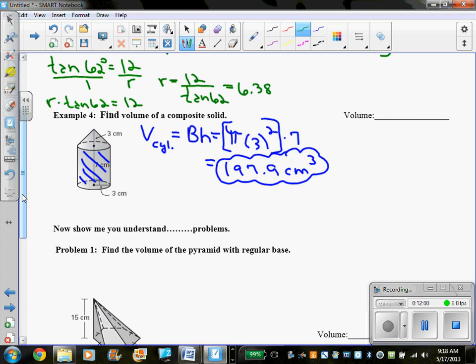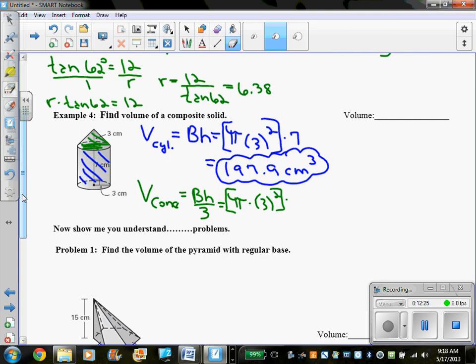Now I'll do the cone, volume of the cone up here in green. So volume of the cone is equal to base times height divided by 3. The base, again, is a circle, so it's going to be pi times radius squared. Right there, there's my base, times the height of this thing. Now let's just make sure they're showing us the true height, and they are. It's going from the peak down, it's hitting the center point, so we know it's hitting at a 90-degree angle.